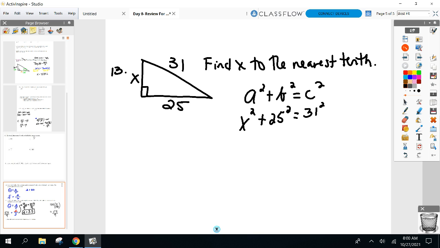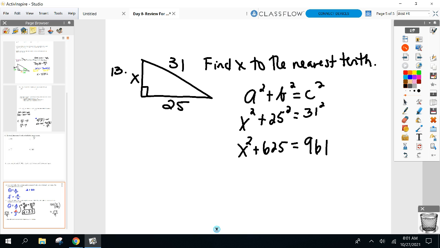So here we go. Let's see, 25 squared. So I have x squared plus 625 equals 31 squared, 961.